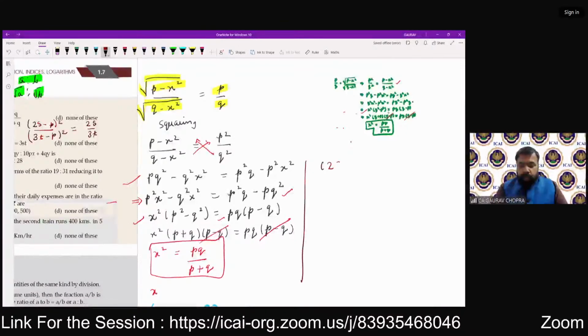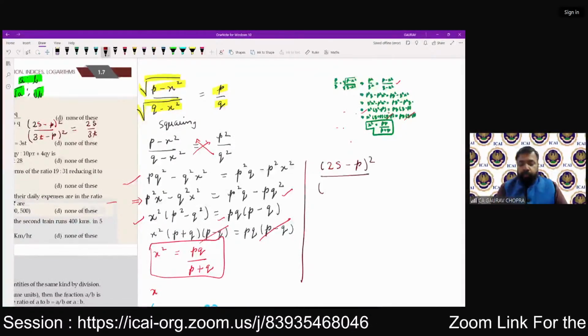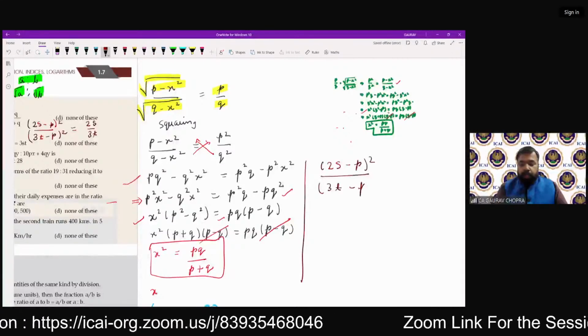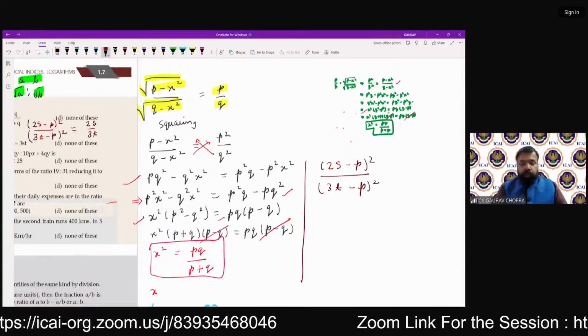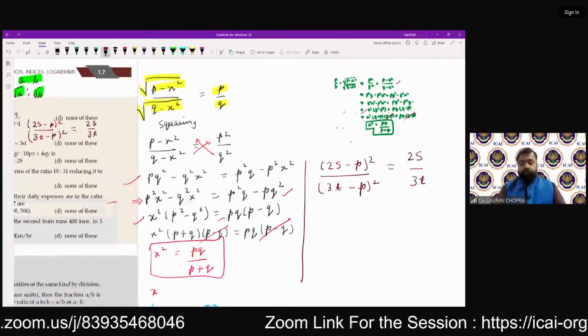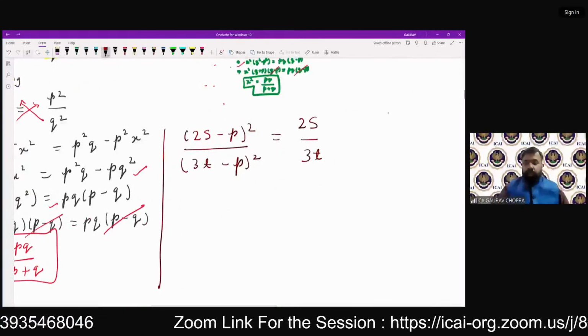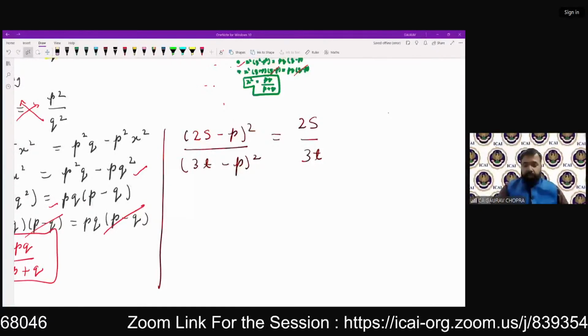Two s minus p whole square upon 3t minus p whole square is equal to 2s upon 3t. Okay, now we have to simplify this and see which of the options is correct.